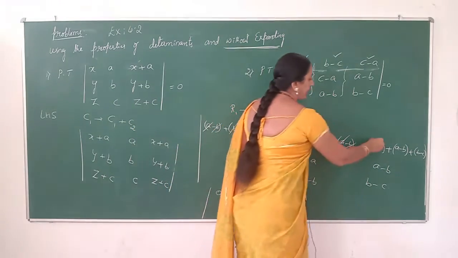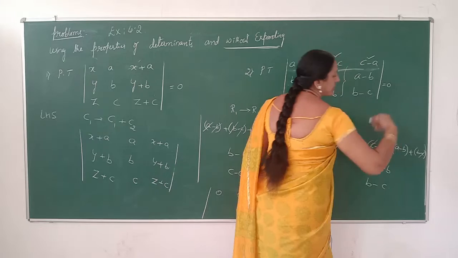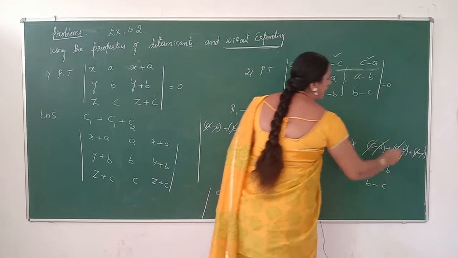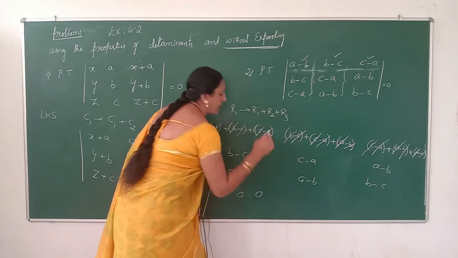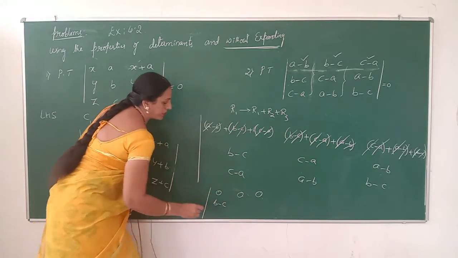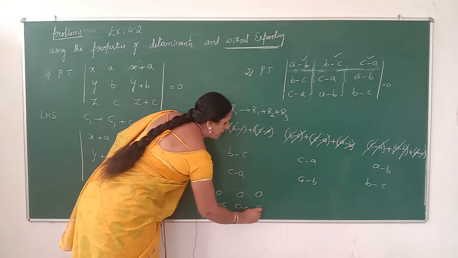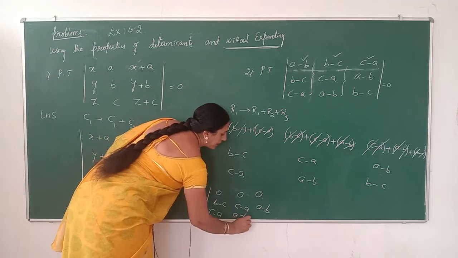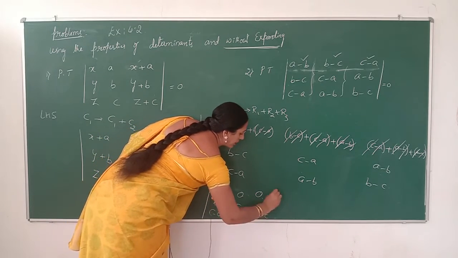Then the third one, C minus C minus A plus A and B minus B. Those also get cancelled, but the remaining rows will be the same: B minus C, C minus A, minus B, C minus A, minus B, B minus C.